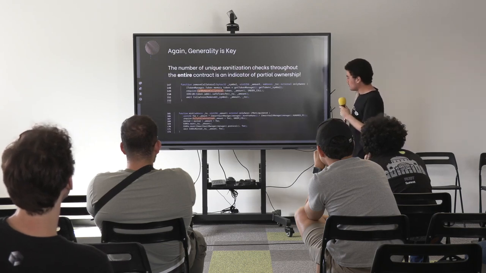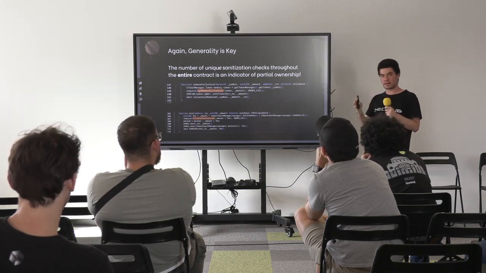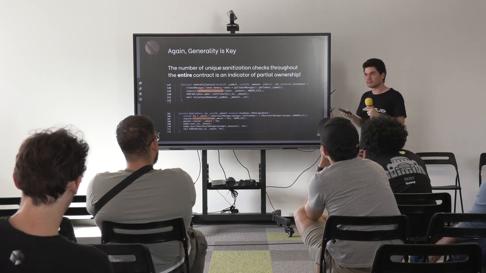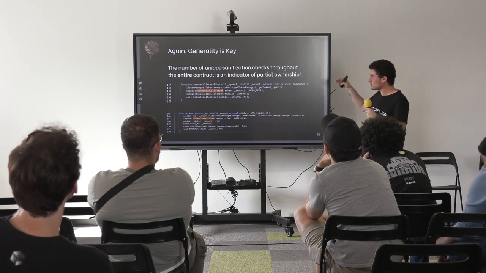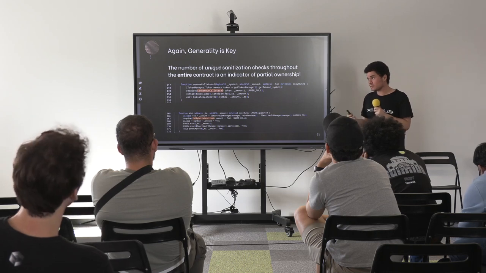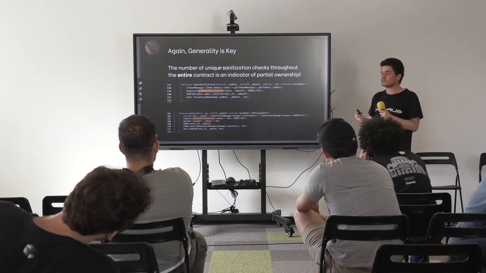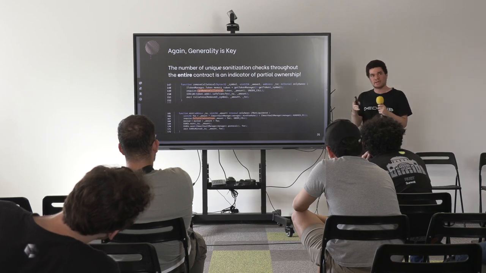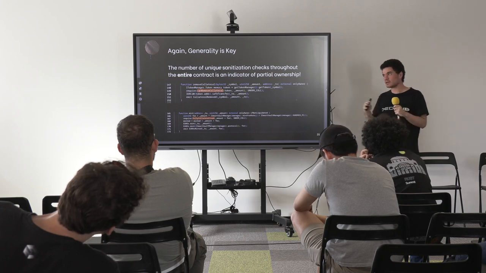And as we try to do with all our detectors, we have to generalize them. Otherwise, they're not really practical. People don't get much value out of them. And a way to generalize partial ownership is to think that every instance of a unique sanitization being performed is actually a candidate witness of partial ownership.